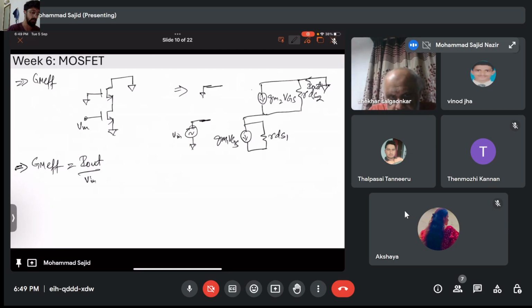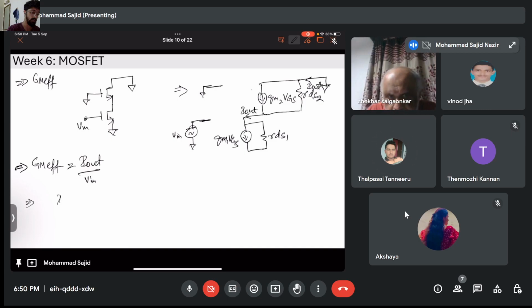You made this equivalent circuit like I have. The I out is coming from the upper node, and it will come here as well. Yes, exactly.